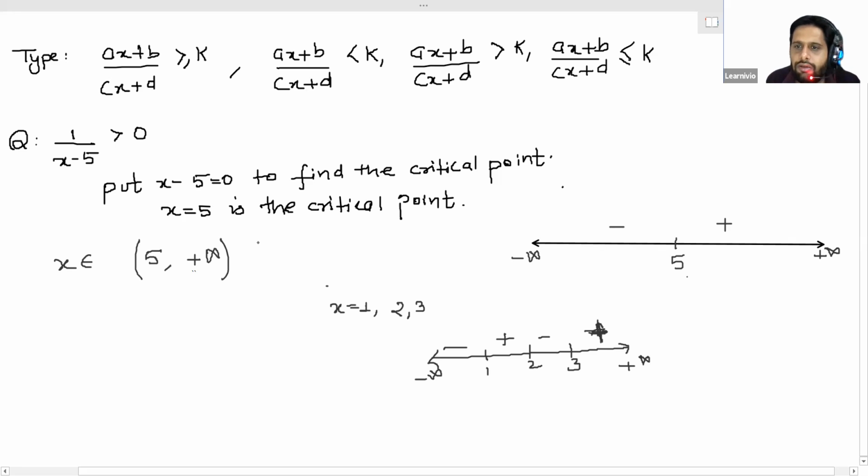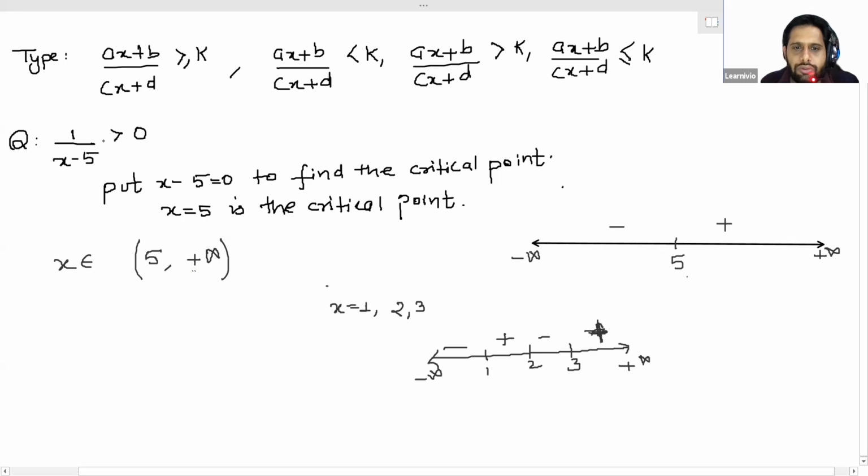Is this clear, how we need to do these types of questions? Whenever the variable is in the denominator, or you have a fraction like this, you need to proceed like this. But always remember that if you have a constant on the right side, you need to shift that constant to the left side and simplify.